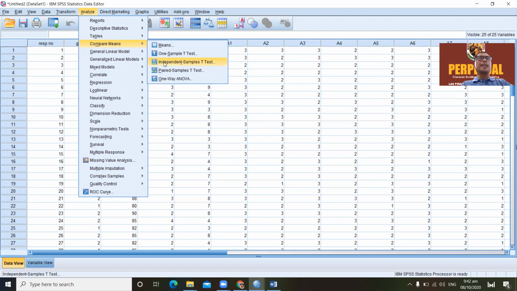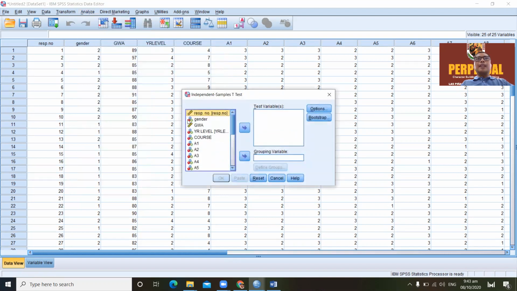So you would click here, independent samples t-test. You would be asked for the grouping variable. The grouping variable is the gender. You would also be asked on the test variable. The test variable is the academic performance or the general weighted average. That's based on our statement of the problem. Then you transfer the general weighted average in the test variable.